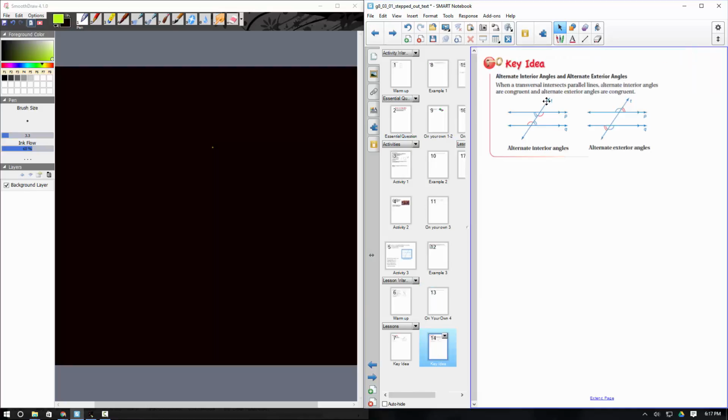So the key idea here is that we have alternate interior and alternate exterior angles. Notice how this up here, these two, are the exact same as these two down here. And this one is the exact same as this one here. Those are my exterior angles. You'll notice also that they're obtuse angles, right? So I have obtuse and then my acute. This is my obtuse and my acute. And these will match up, and these will match up.